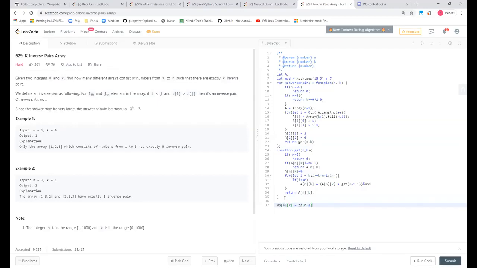I had a doubt: the array 3, 2, 1, how many inverse pairs will it have? Will it be 3 or 2? It will have 3 inverse pairs. That was the thing I was talking about; it failed for me.